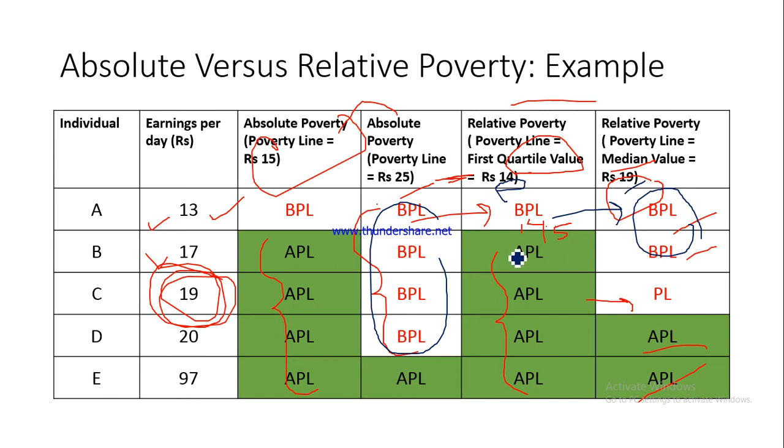Because the people who are below poverty line, the BPLs, and the people who are above poverty line, the APLs, where the poverty line is, it all depends on which category of definition of poverty we are using. Are we going for absolute poverty or are we going for relative poverty? Depending on which kind of poverty estimate we are using, there would be a difference in the number of people who are found to be below poverty line.